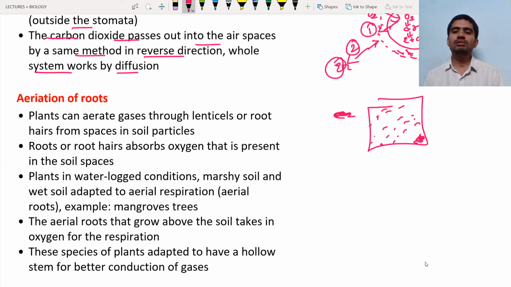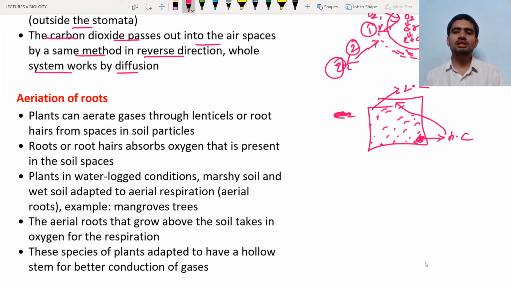This is known as diffusion: the movement of molecules from a higher concentration to a lower concentration. Here at this corner there is a higher concentration of scent molecules, and here there will be a lower concentration. These molecules are moving from the higher concentration to the lower concentration. This is known as diffusion.